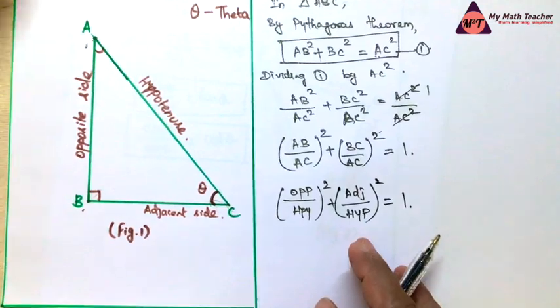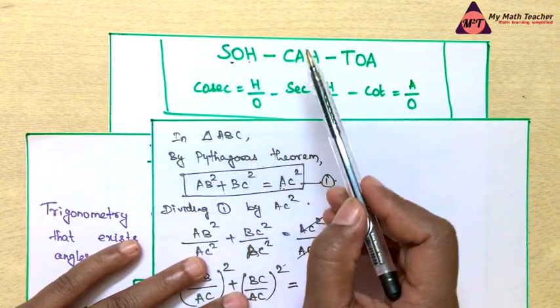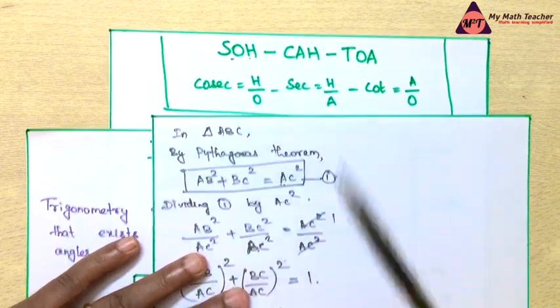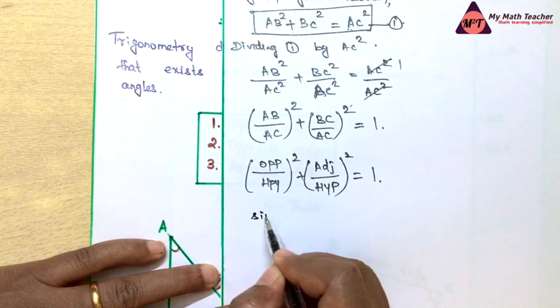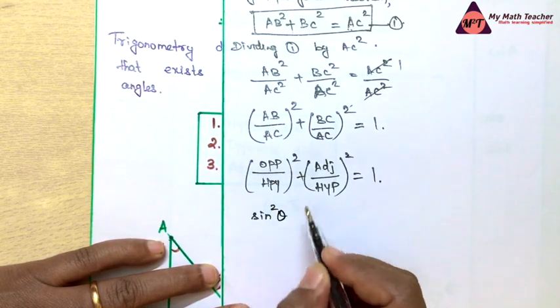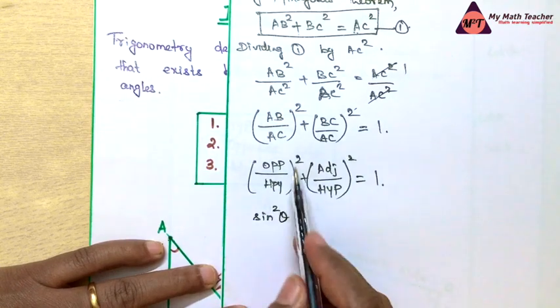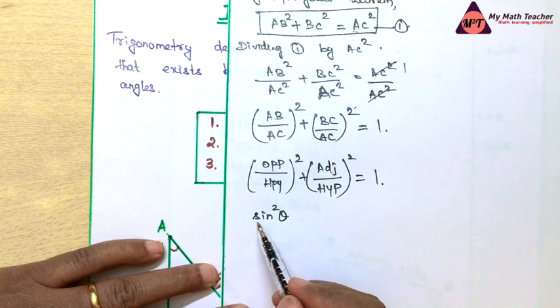Opposite side by hypotenuse is sine. Adjacent by hypotenuse is cos. Now we can write this as sine square theta, that is, we are squaring the sine value. You should not write it like sine theta square.